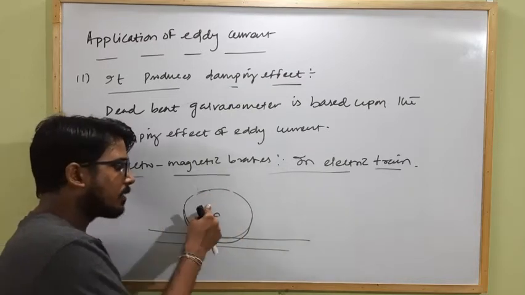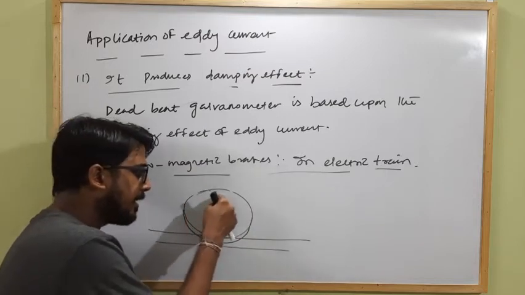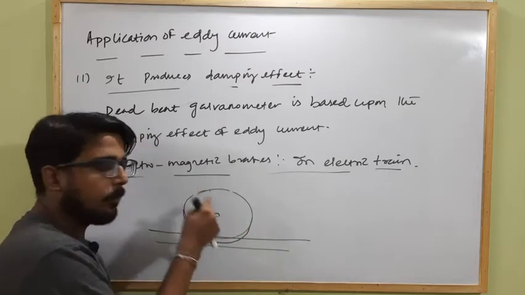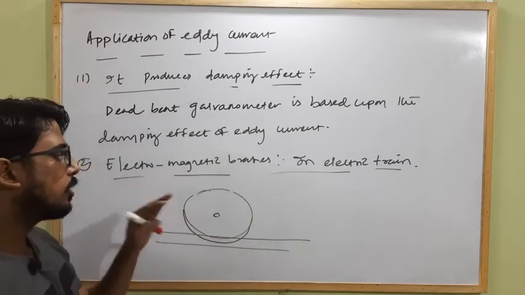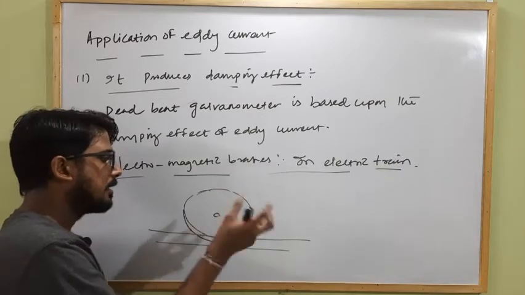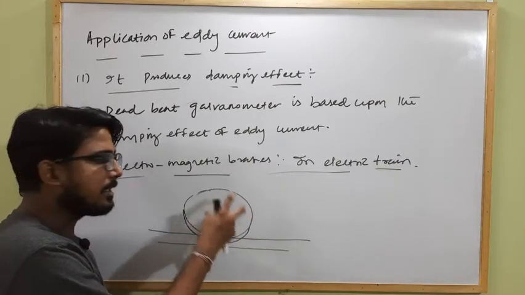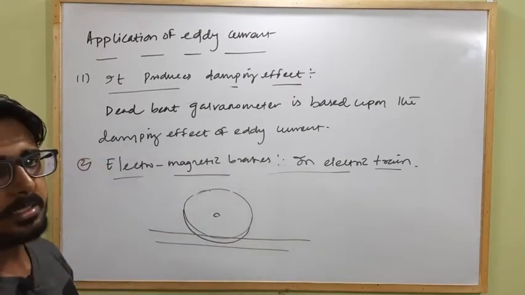The magnetic flux linked with the wheel increases, due to which an eddy current starts flowing through the wheel, which tries to oppose the change in flux. That's why the wheel starts decreasing its speed, and the brakes work.